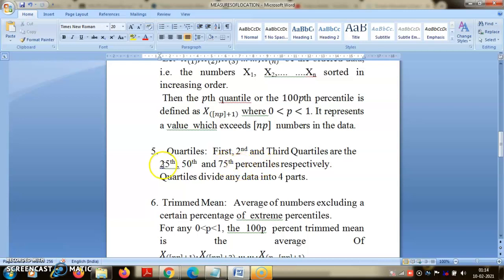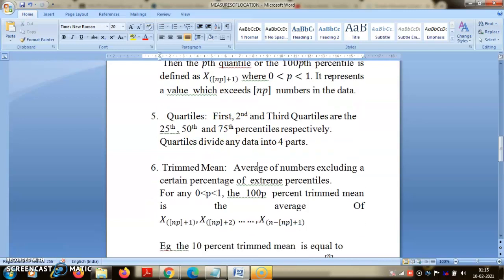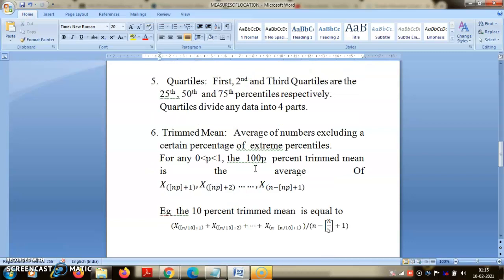The numbers falling below the 25th percentile are the smallest 25%, and those above the 75th are the highest 25% of the numbers.